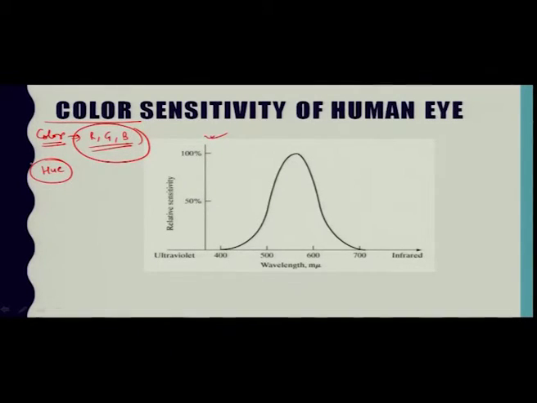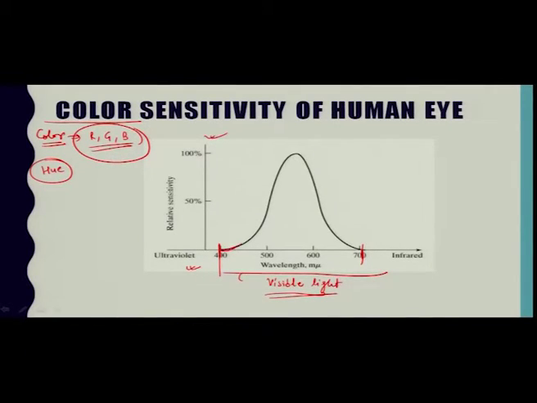The human eye is more sensitive to certain colors than to others. As you can see from this figure showing the color sensitivity of a human eye, the 400 to 700 nanometer range is visible light, which is the only wavelength range a human can visualize.